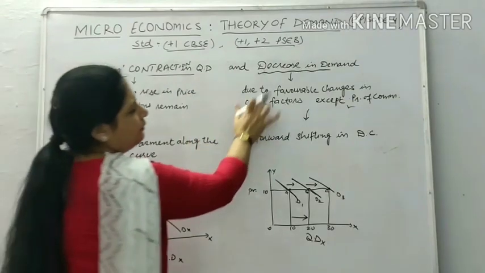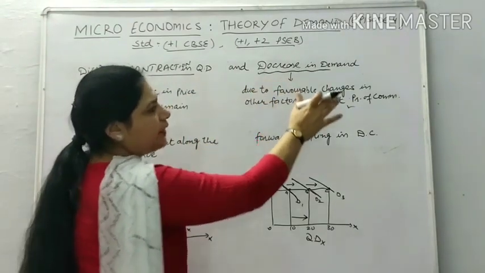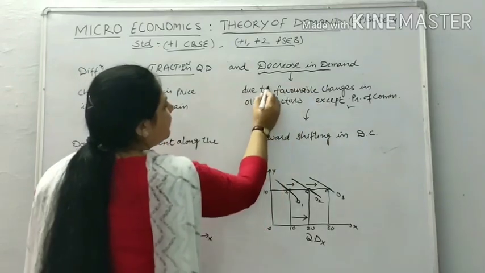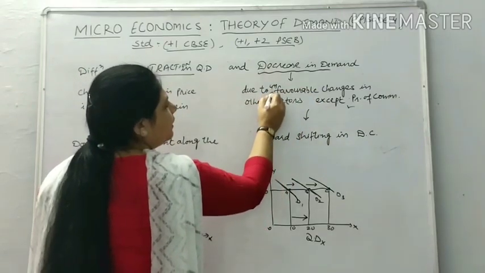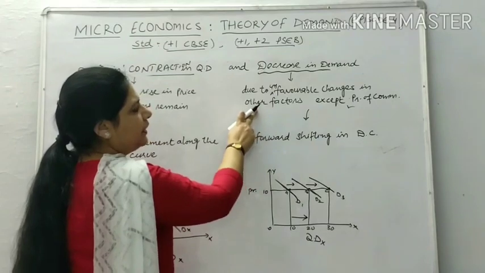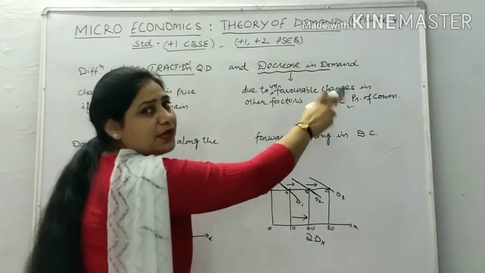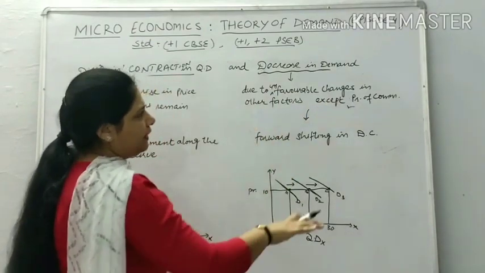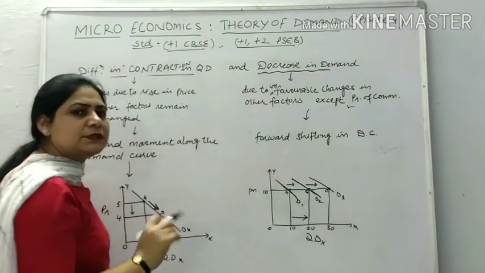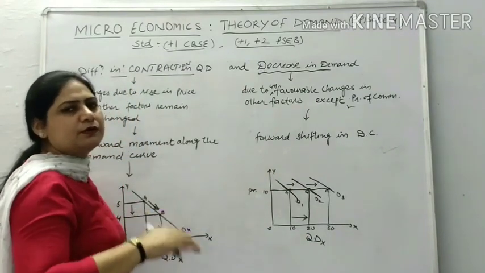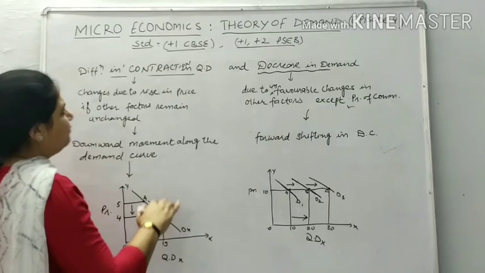And when there occurs a decrease in demand, unfavorable changes in other factors except the price of the commodity have an impact on the consumer's purchasing power or purchase.